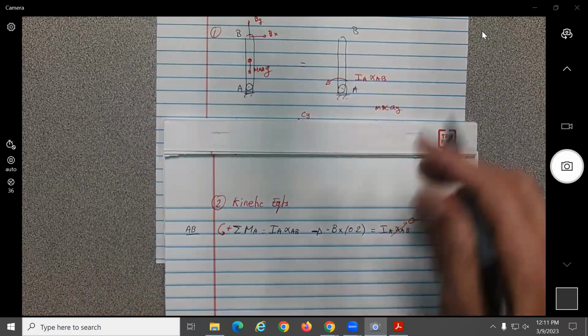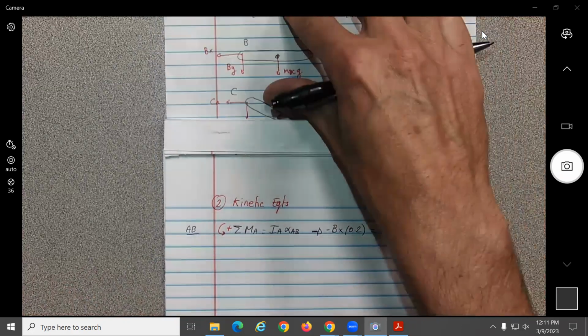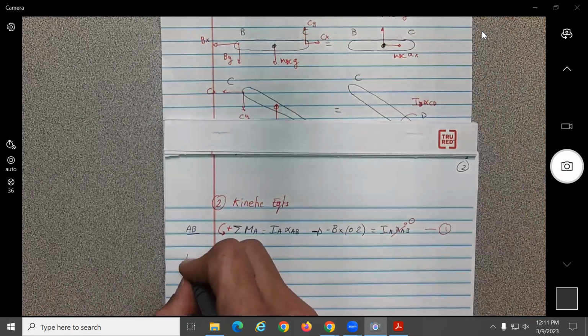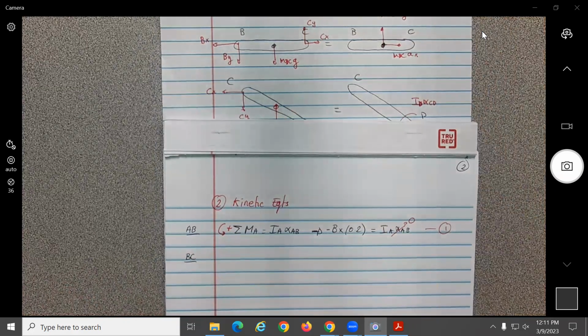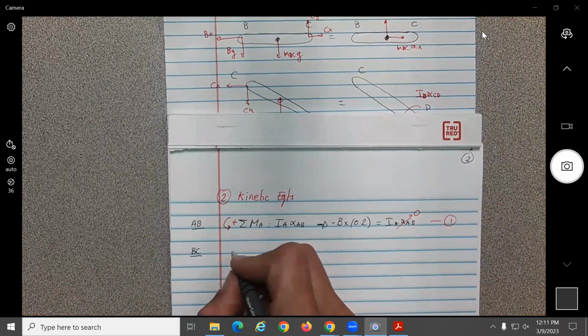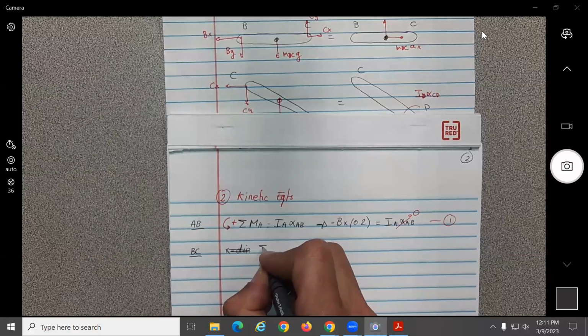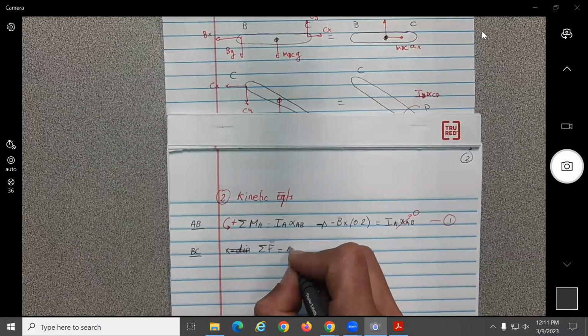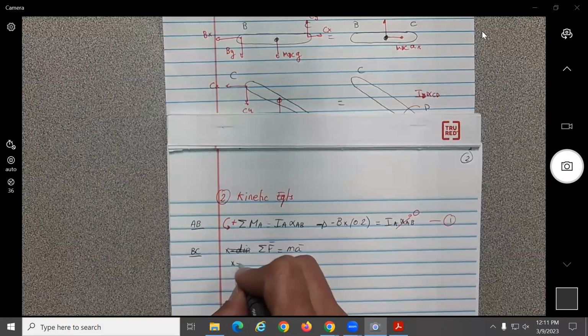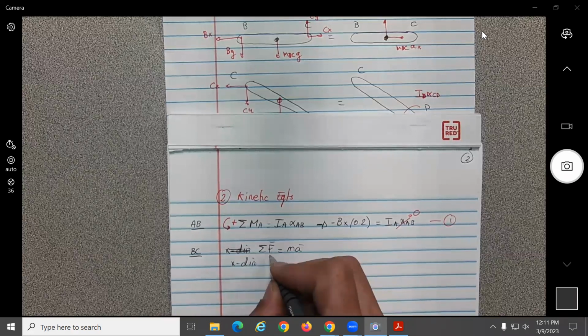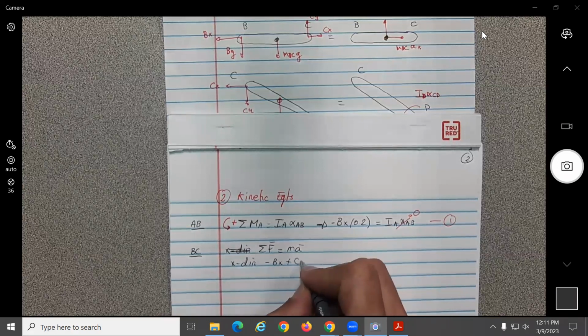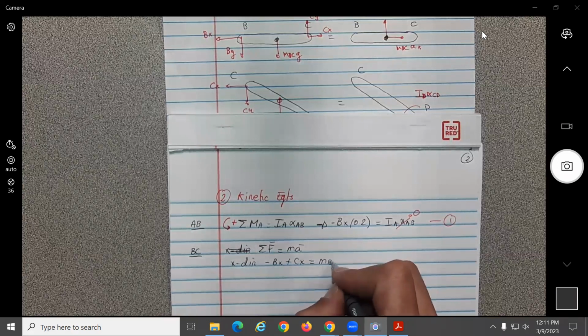Okay, so now bar BC. What type of motion is that one having? Translation and rotation, no? So we're going to do summation of forces in the x direction. So let's say summation of forces equals MA. So the x direction will give us what? Minus BX plus CX will be equal to MBC AX.